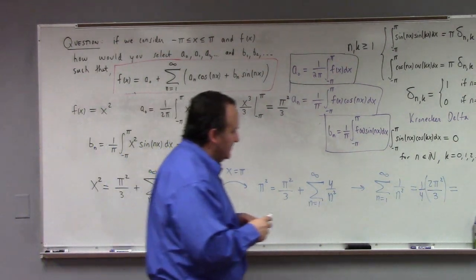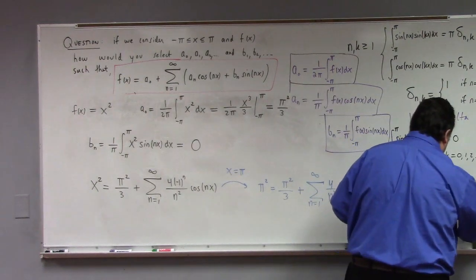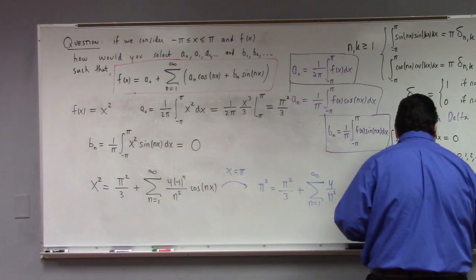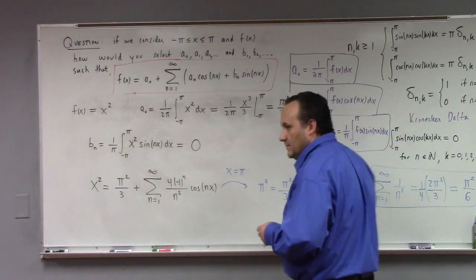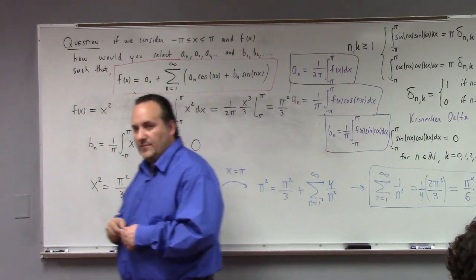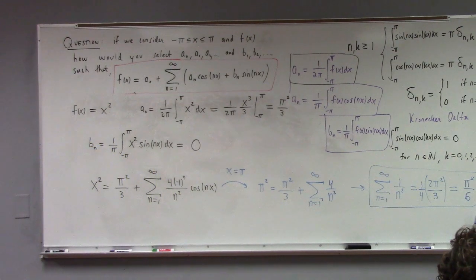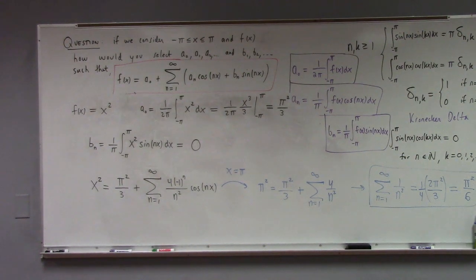That, my friends, is pi squared over 6. And this is probably how Euler knew the sum of the p equals 2 series was pi squared over 6. I don't know of a non-Fourier way to derive this fact.